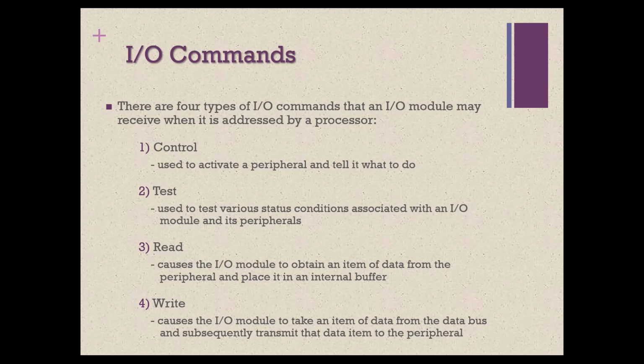Similarly, there is the write command that causes the IO module to take an item of data, be it a byte or a word, from the data bus and subsequently transmit that data to the peripheral.